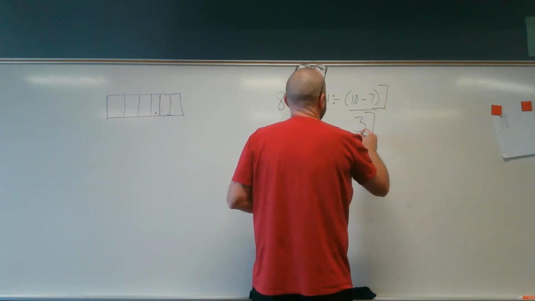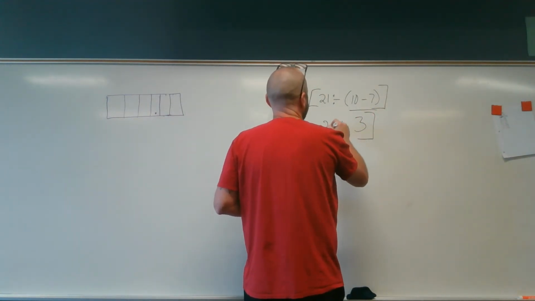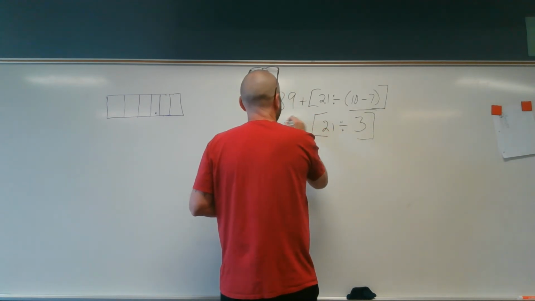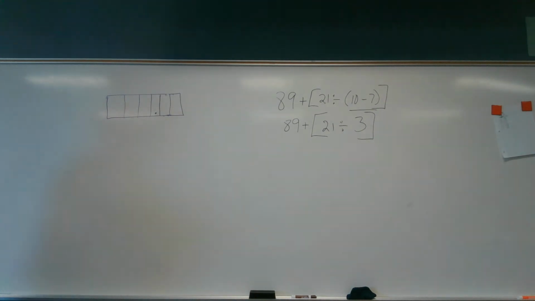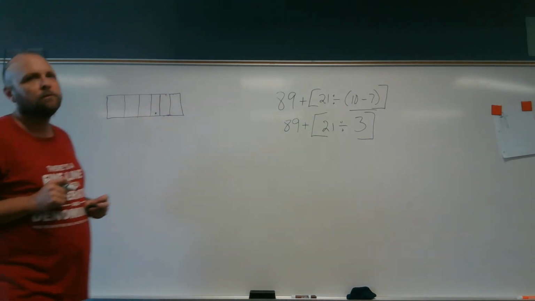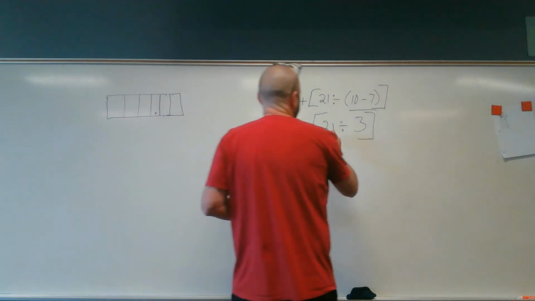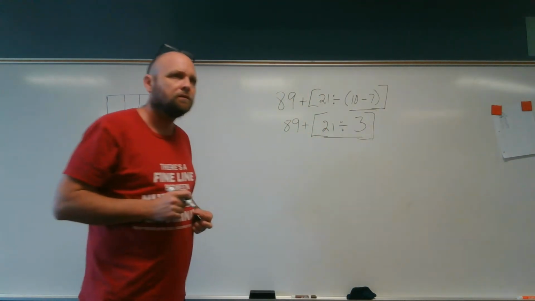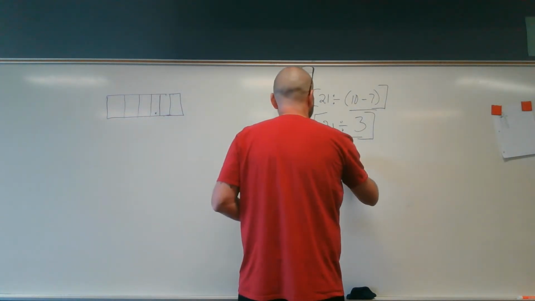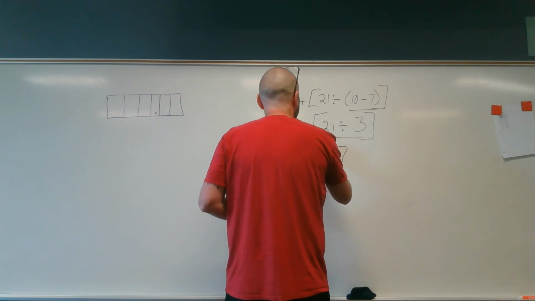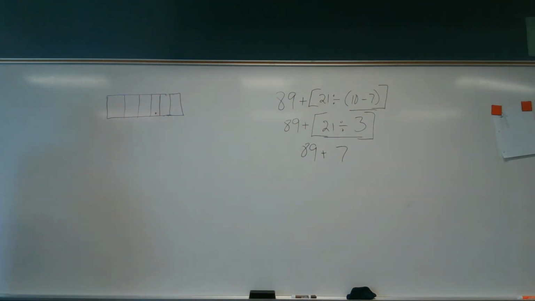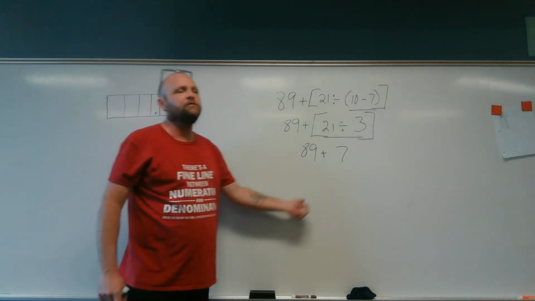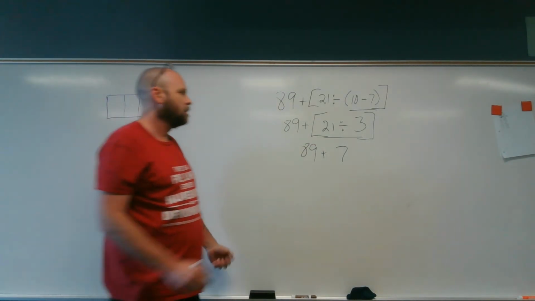We're still inside the brackets because we haven't done everything inside the brackets yet. So now, Honeyleth, what do I do next? 21 divided by 3 is what? 7. We're done inside our brackets. I have 89 plus 7, which is what, Honeyleth? 96.